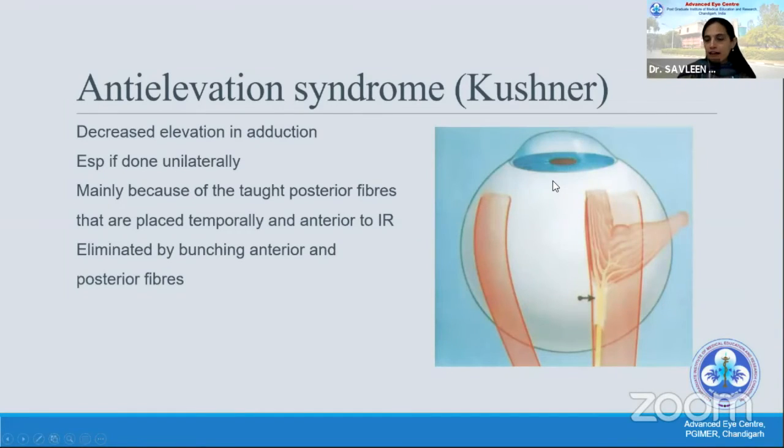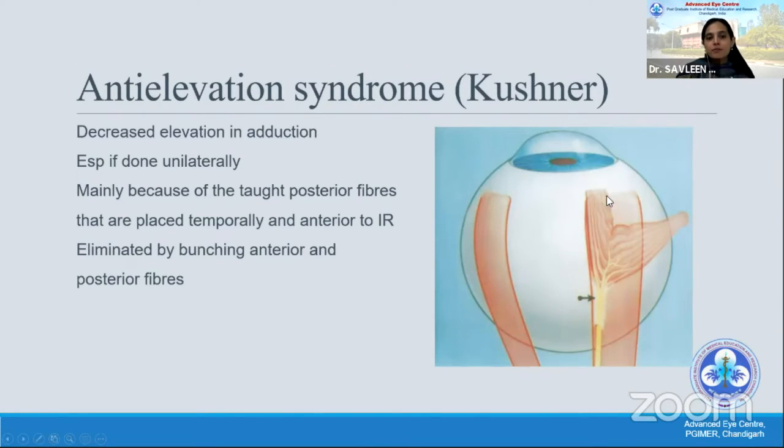Kushner described this anti-elevation effect, which was seen after these anteriorization surgeries, primarily done quite in the beginning, because it caused a decreased elevation in adduction, especially if done unilaterally, and because of these taut posterior fibers, which are placed temporal and especially anterior to the inferior rectus.